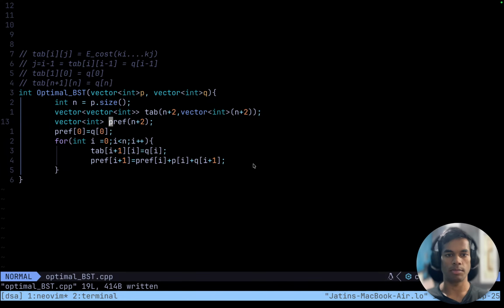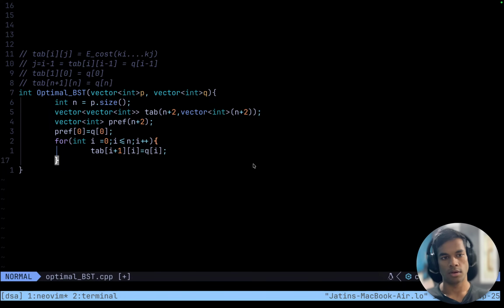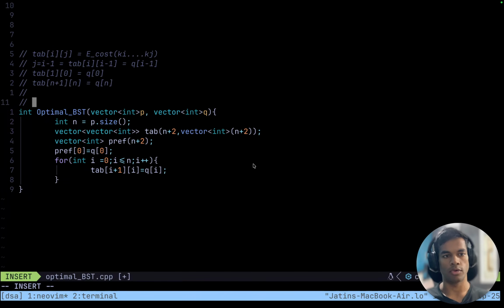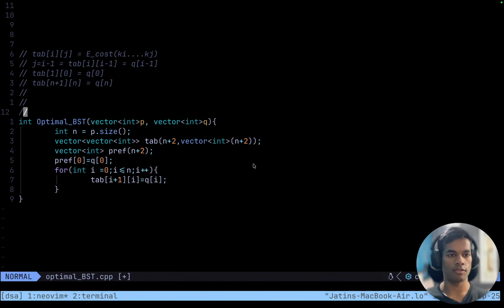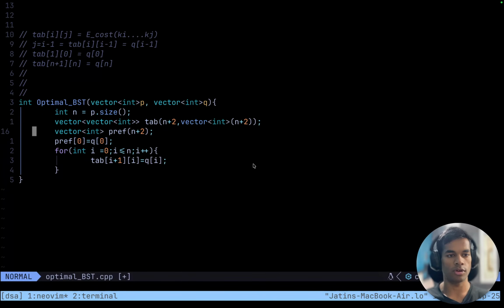So having n plus 2 there is okay. And the maximum value should go till n. So we will have n plus 1 here, n plus 1 here, and the lower values here. Prefix. Okay, that is the invariance that we want with our table function.